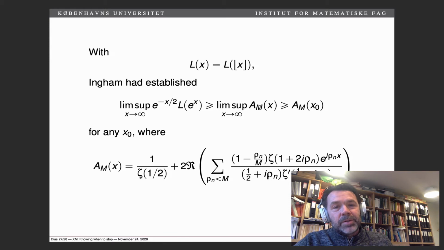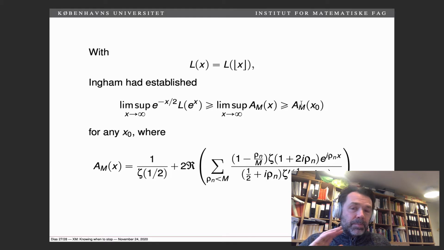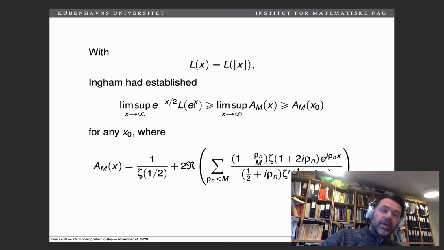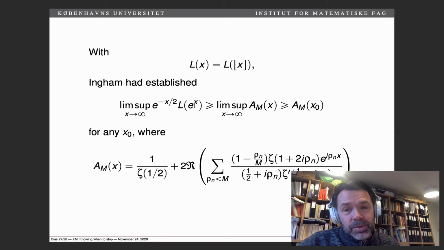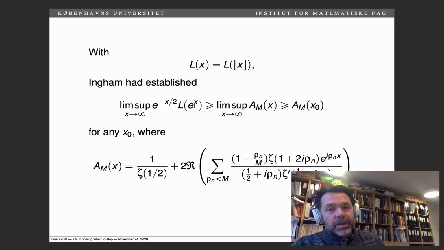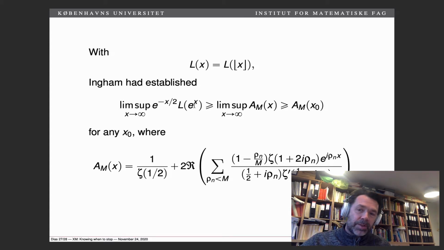So this actually means that if you can find some x0 where A_m is positive, then not only is there one place where L is positive, it's actually going to be positive on infinitely many values out to infinity. So all you have to do is to come up with a value of m and a corresponding value of x0, so that when you plug this in, you get a positive number.